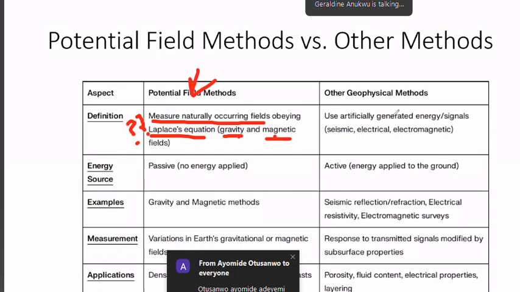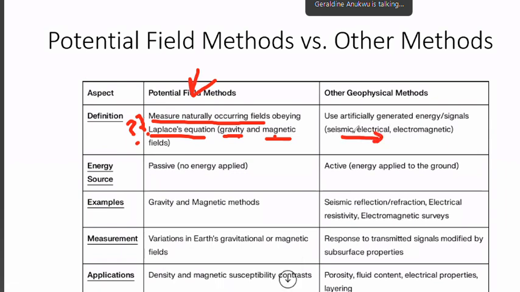So here they use generally artificially generated energies or signals. And just like I told you, we can have some of the seismic, electrical, and electromagnetic that are not natural, artificially generated. However, because they do not obey the Laplace's equation, we cannot consider them as the potential field method. So usually for potential field measurement, the energy source is passive, while for other geophysical methods, you can have both active and passive. But for potential field, it is passive.